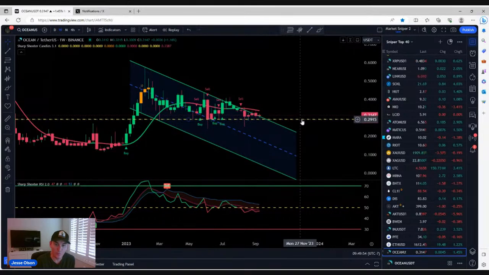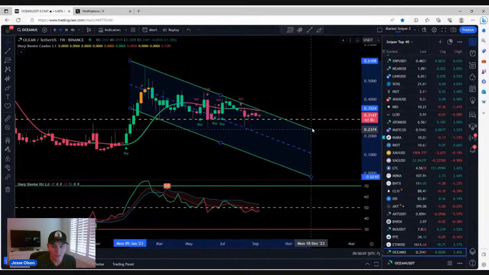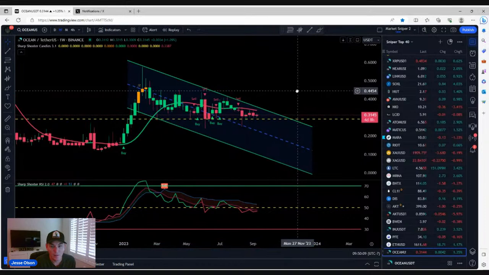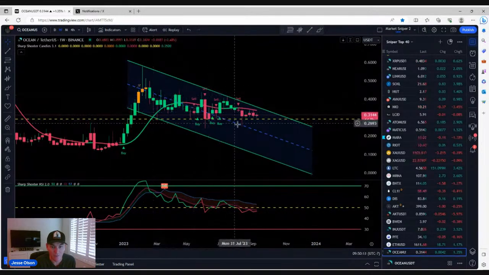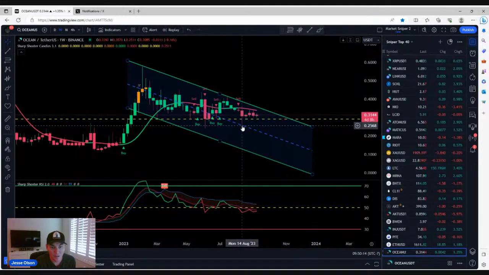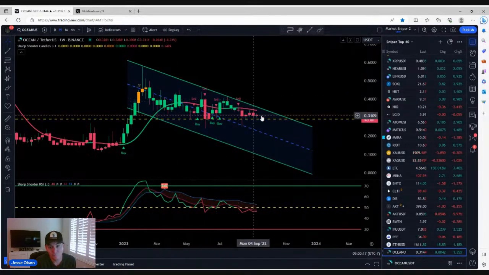And so this would be kind of like you're lying in the sand. Like if you're bullish long term on Ocean and you feel like it's going to reverse, there's no reversal right now. In fact, you could probably redraw the downward trend line, and you can see there's a lot of cases to be made that this is actually the downward channel now. You're kind of watching like this, but you got the overall downward trend.